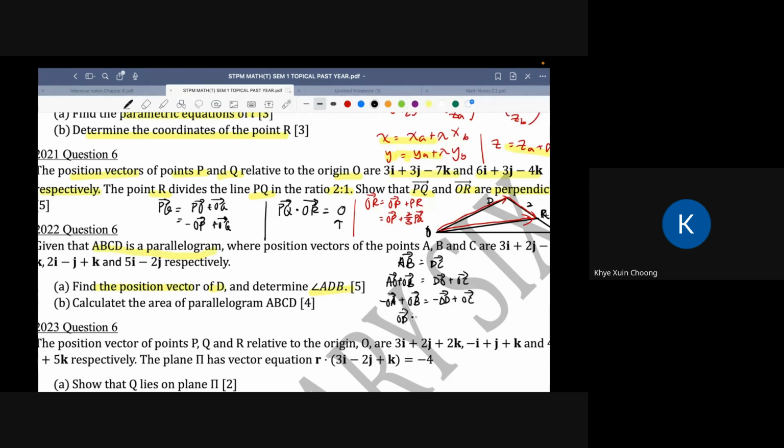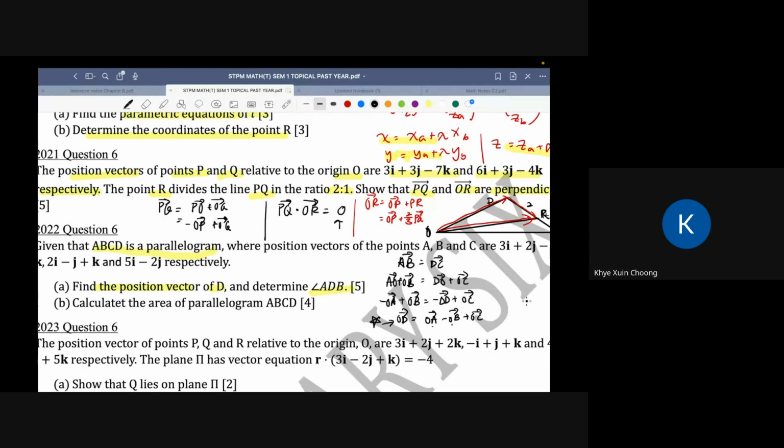So OD, you move to the left side, you move these two to the right side, you should get OA minus OB plus OC equals OD. Since you have OA, OB, and OC, you can find OD.